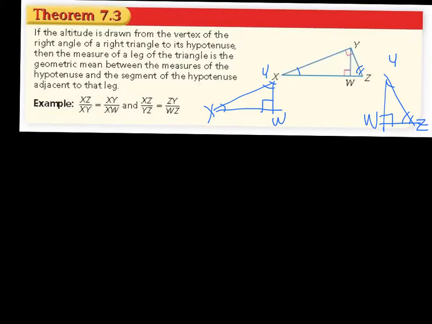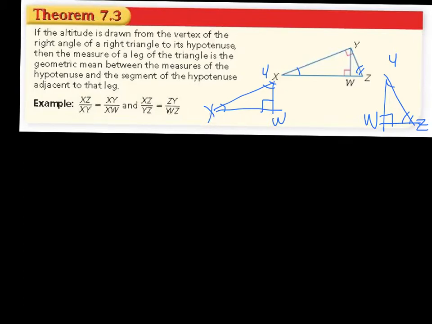So looking at our small triangles again with our arcs marked, we can see XZ, the hypotenuse in the big triangle, is to XY, the leg adjacent to the 1 arc angle, as XY, the hypotenuse in that triangle, is to XW, the leg adjacent to the 1 arc angle there.